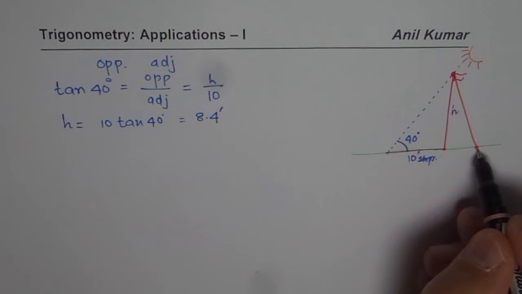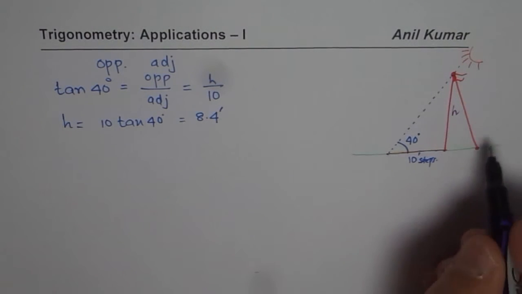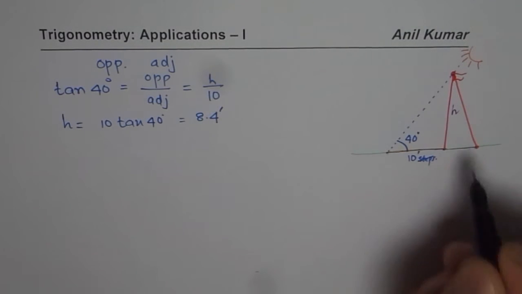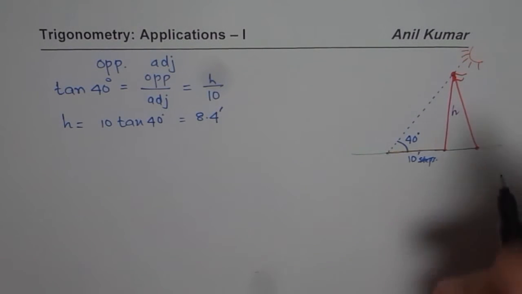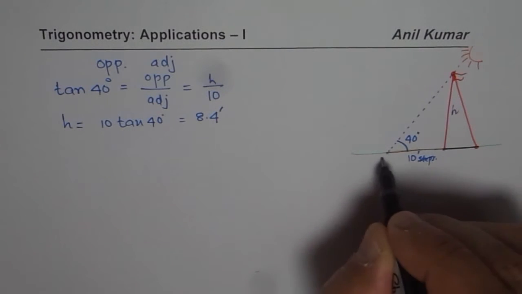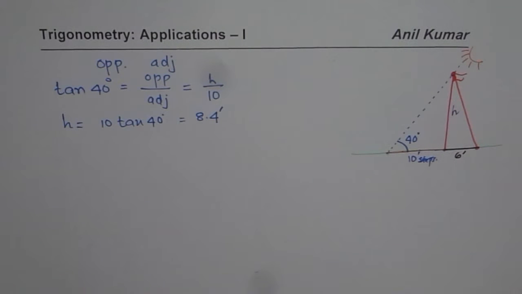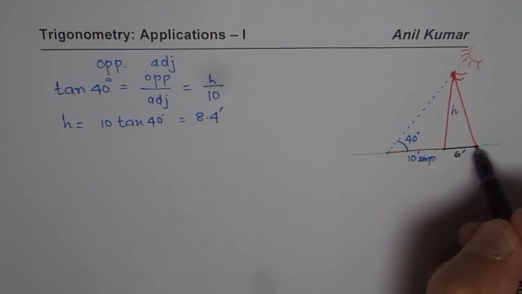When this support was given, we noticed that this point is, since this is 10, we'll call this 6 steps away or 6 feet away. So it was hinged right here.